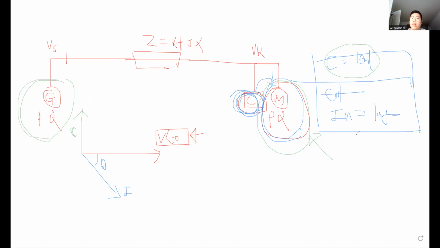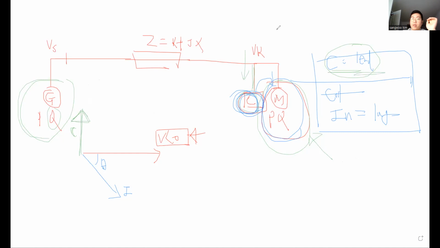G is supply and the motor is use, right? And then C is also the same. We think C is also making the Q part, like the generator's Q part. So when you get the current, you also need C, this lagging, sorry, leading.